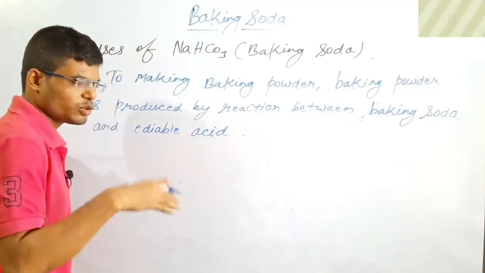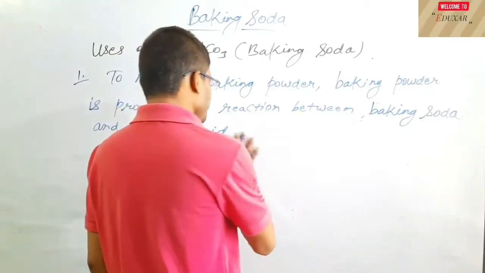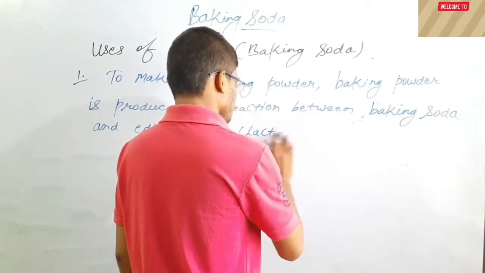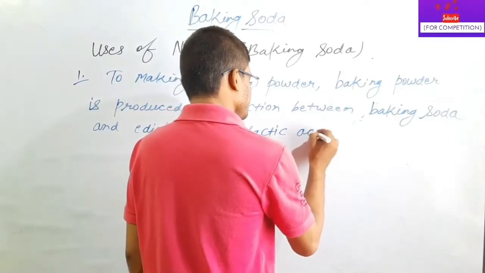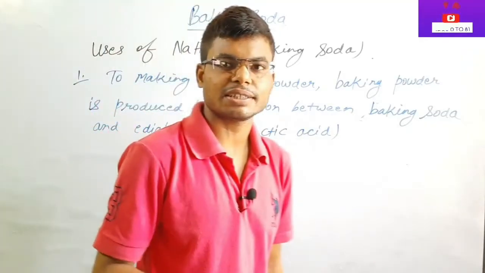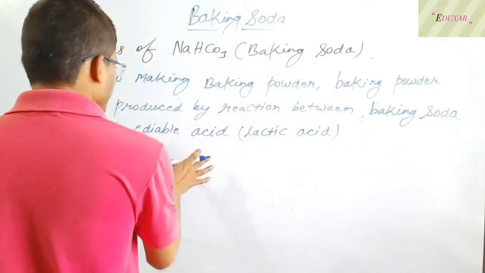Any edible acid you can take from here. Likewise, for the edible acid, there is lactic acid. You can take lactic acid or any other, like citric acid, that is an edible acid.